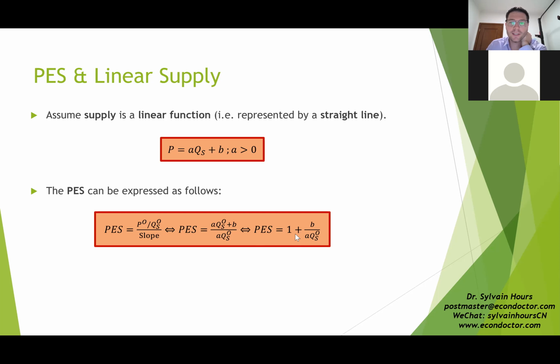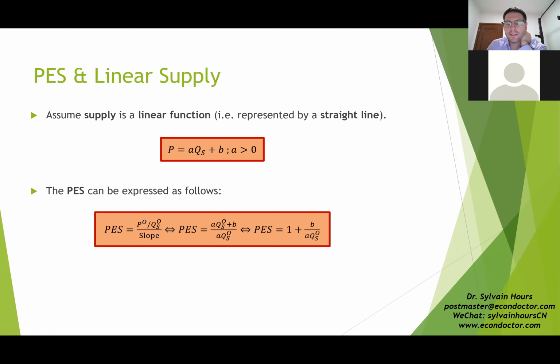And you see that, yes, if b is positive, then the PES will decrease with the quantity, okay, because Q is on the denominator of something positive. But if b is negative, then the PES increases with Q, because Q is on the denominator, but you have a negative sign before your ratio.